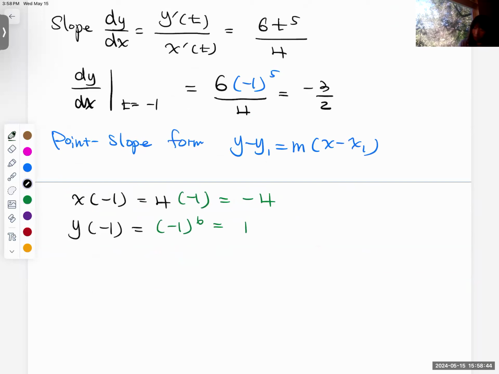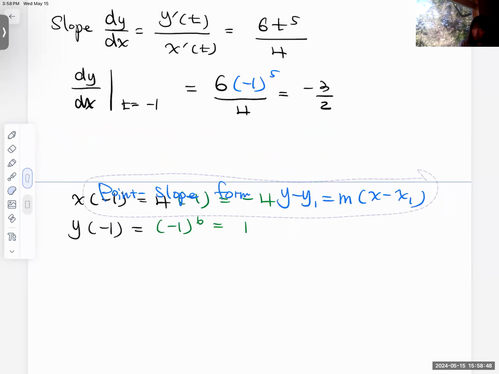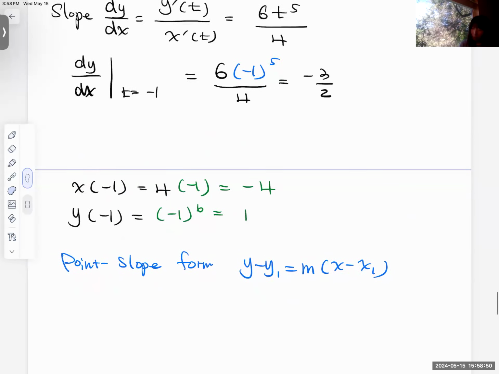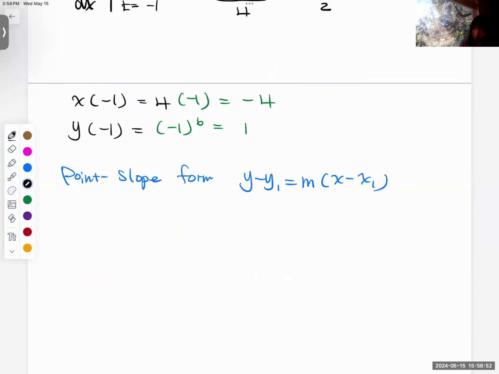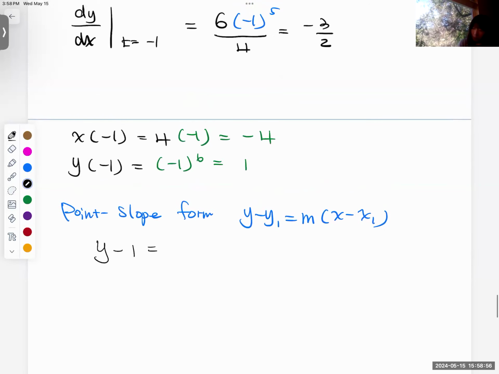Okay, so there will be y minus 1 equal to slope, which is -3 over 2, times x plus 4.